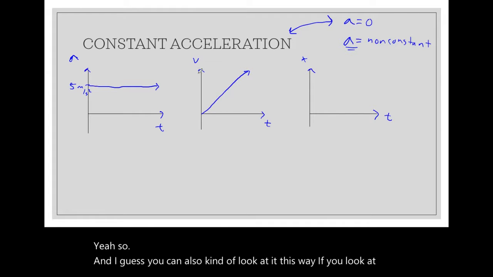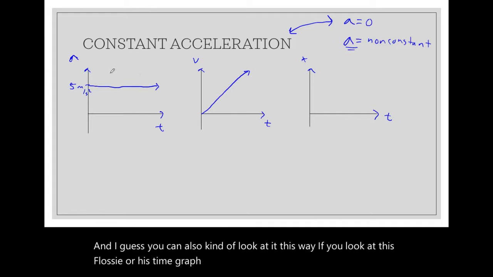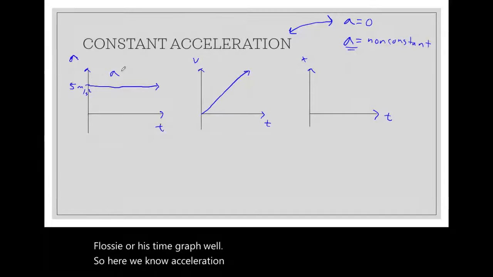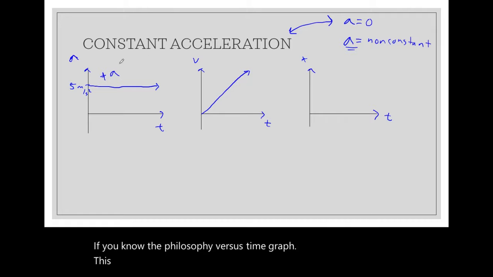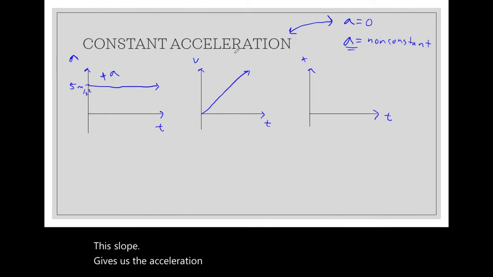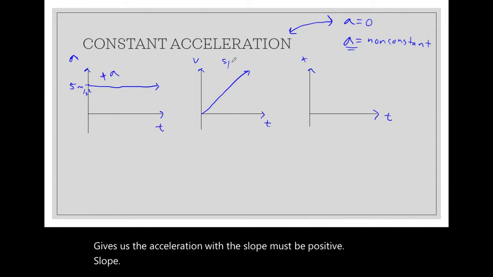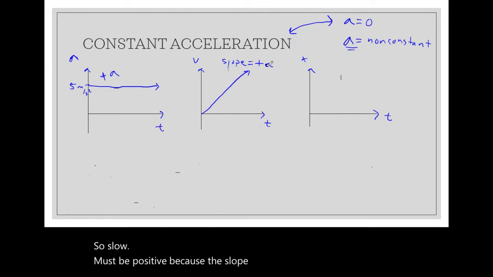And I guess you can also look at it this way. If you look at this velocity versus time graph, well, let's look at this over here. This acceleration is positive, right? And if we know the velocity versus time graph, the slope gives us the acceleration. Well, the slope must be positive, because the slope is the acceleration.